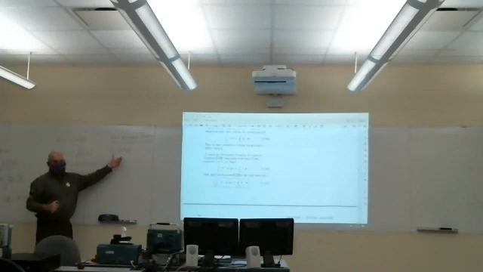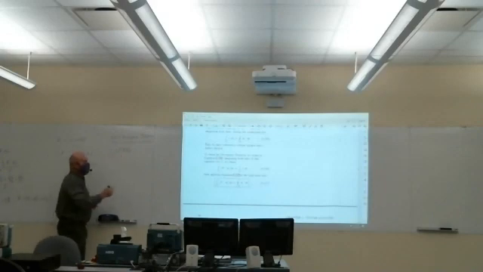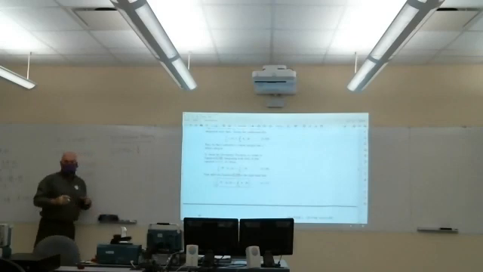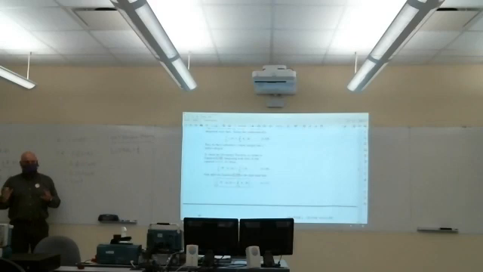This is a volume integral over the divergence. The divergence theorem says that's equal to the surface integral over the closed surface around that same volume.